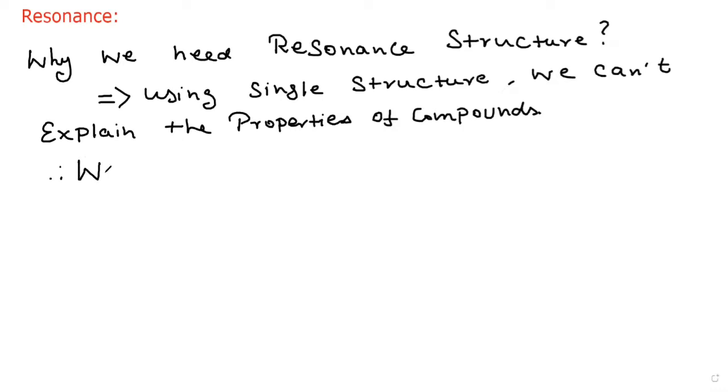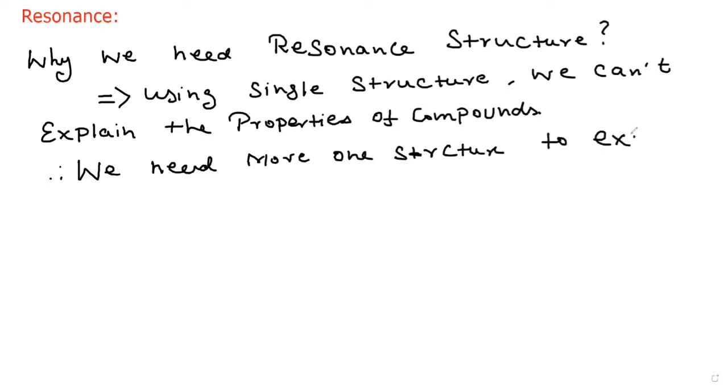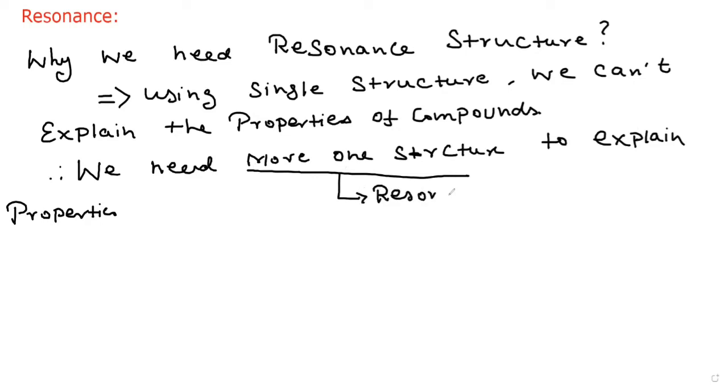Therefore, we need more than one structure, at least two or three structures, to explain the properties. More than one structure is called a resonance structure.